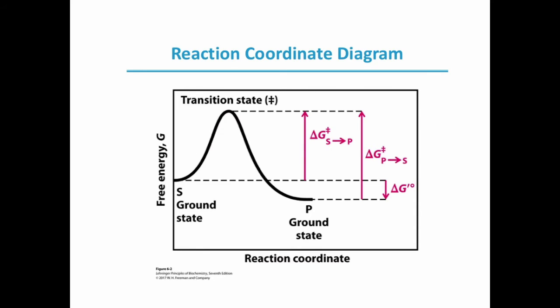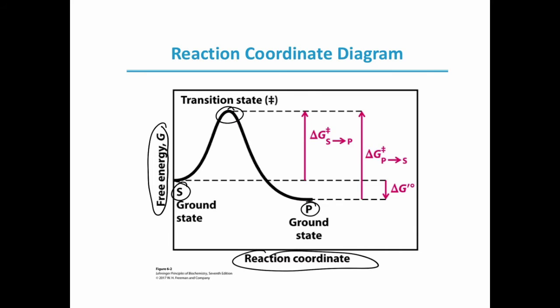Now let's look again at a reaction coordinate diagram that we've seen in the past. So here on the y-axis we have the free energy plotted, and then on the x-axis it's the progress of the reaction, so as the reaction proceeds. And then S would be the substrate, P would be the product. And this hill is the transition state.